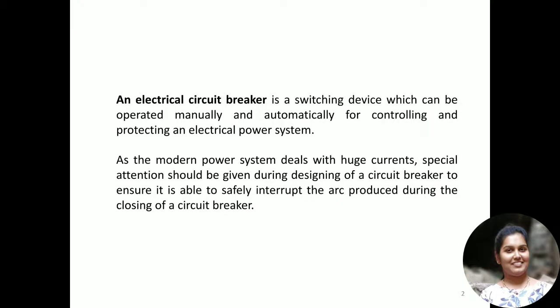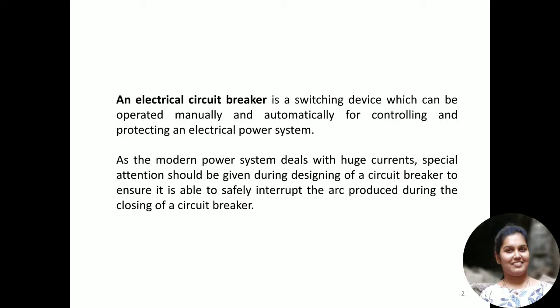Okay, so the modern power systems, as they are dealing with huge power networks and a huge number of associated electrical equipment, during any short circuit or any fault, or any other electrical fault such as an electrical cable fault, a high fault current will flow through this equipment as well as the power network itself.